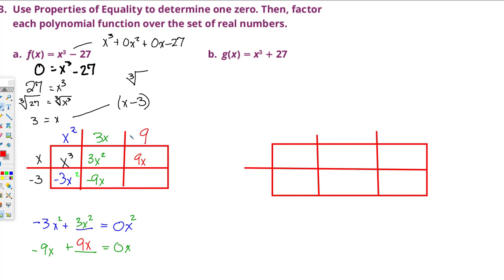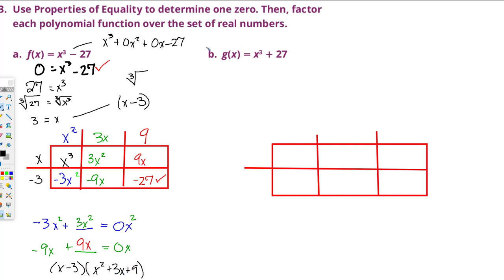Divide going up, we get 9. Multiply coming down, we get negative 27. Does that check out? Yes. So that means that my factors are x minus 3 times x squared plus 3x plus 9.